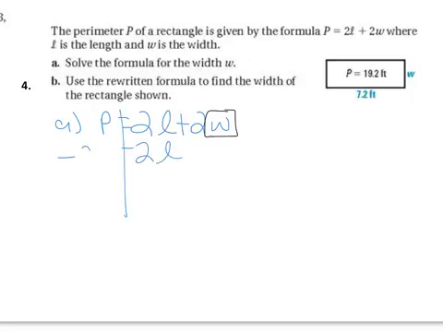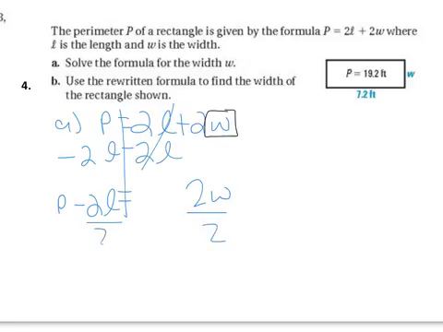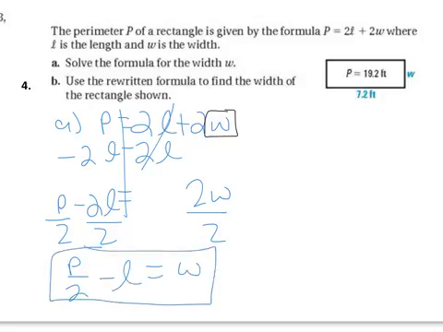So subtract it over. Those are gone. You have the 2W. Divide each piece by 2. You get P divided by 2 minus L equals W.